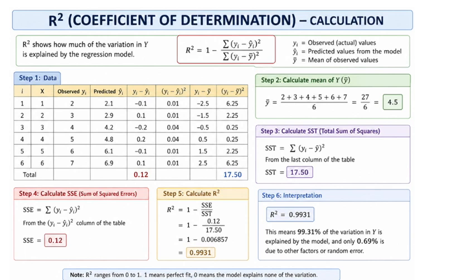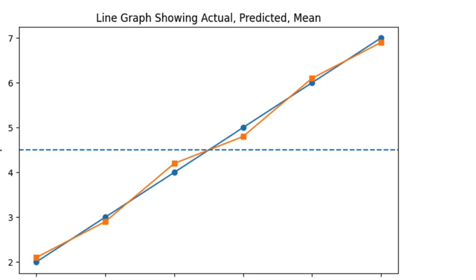Coming to this R square, first of all we should know about regression. In regression, when we try to predict the variable y using the values of x, we create a line graph, or linear model.